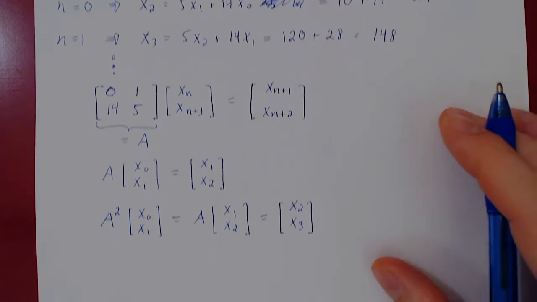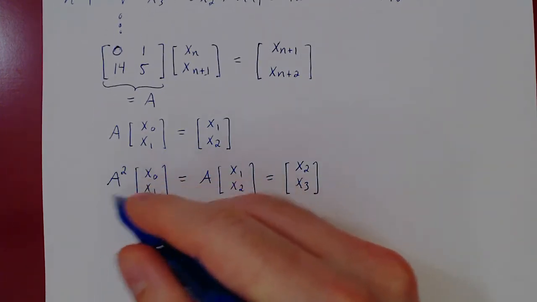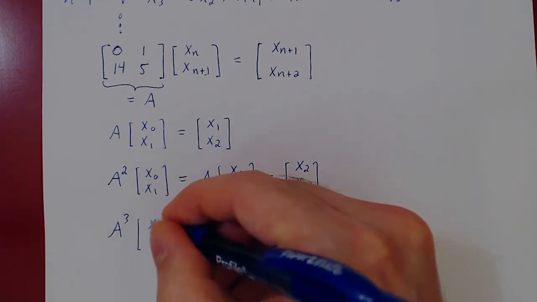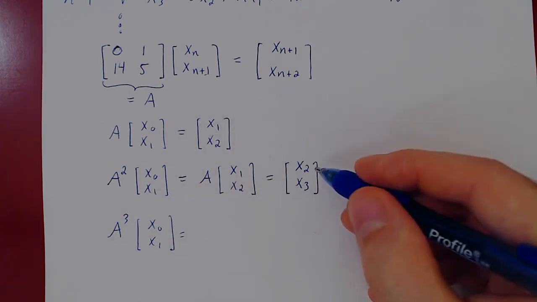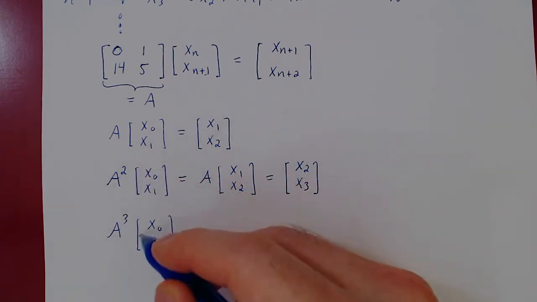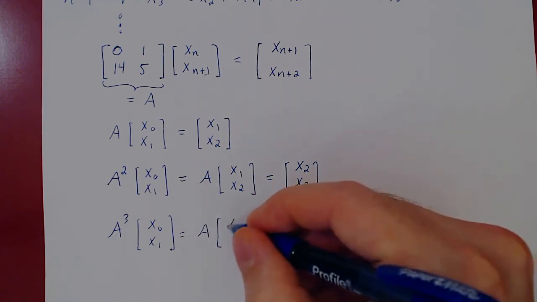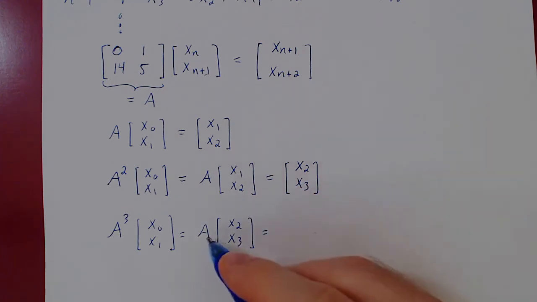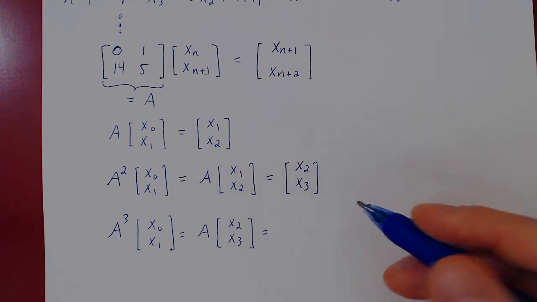Let's do one more step. Let's multiply now all of this by A. We'll have A cubed times the initial vector x0, x1 will be A times this vector, multiply this by A. But we know multiplying a vector of this type by A drives the sequence forward by one step.